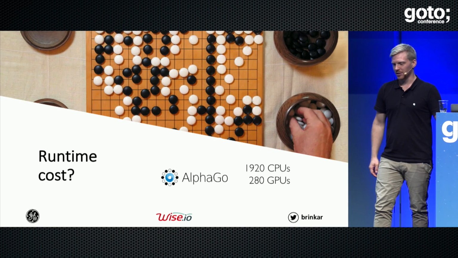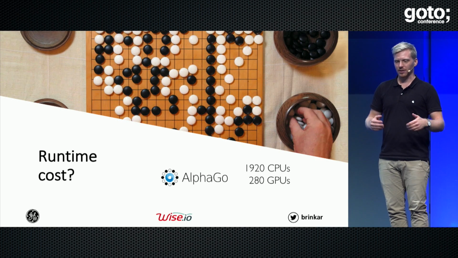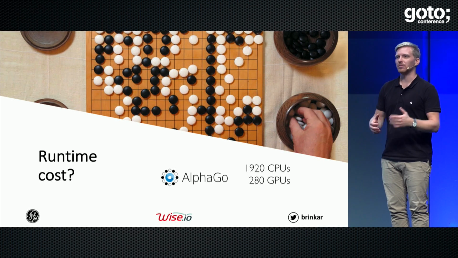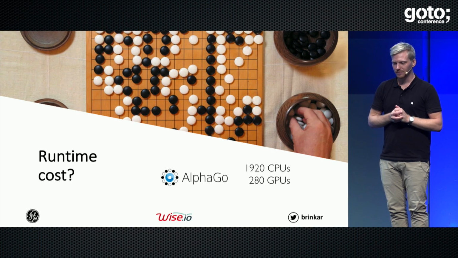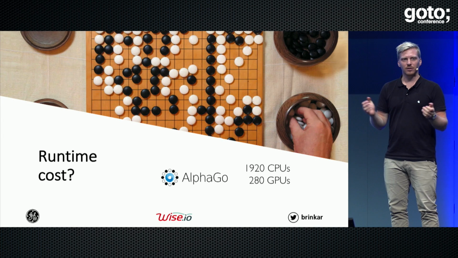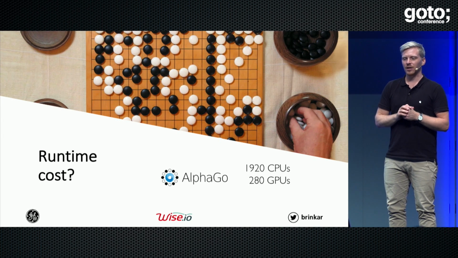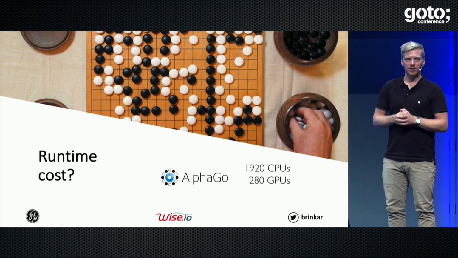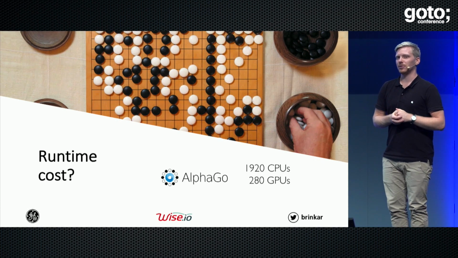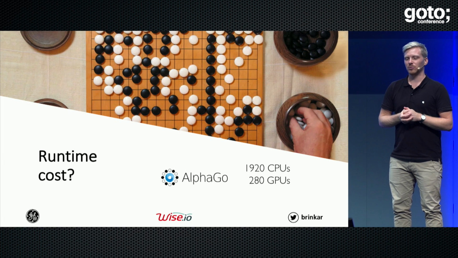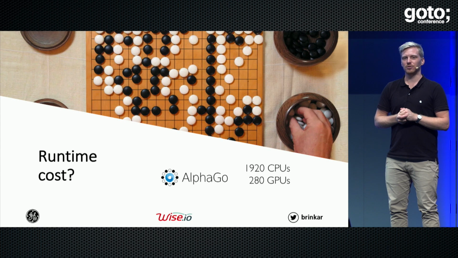Another great example of this, what I was talking about before was the implementation cost, right? And what I want to show here is the runtime cost. So you probably all heard about AlphaGo from DeepMind and Google that beat the world's best Go player. And the point here is that it beat the world's best Go player, but it was using almost 2,000 CPUs and 300 GPUs in real time to do that.